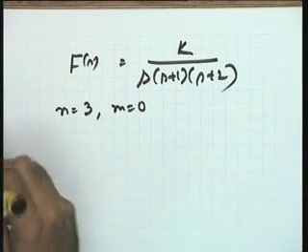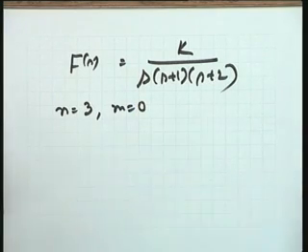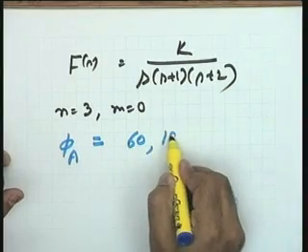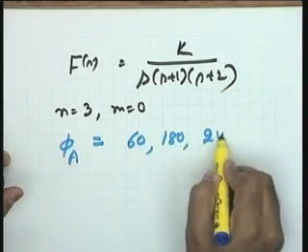So naturally, all three root locus branches will go to infinity. There is no zero terminal point available. Now what are the angles? Please apply the formula and check. The angles in this particular case will turn out to be 60, 180, 240 degrees.